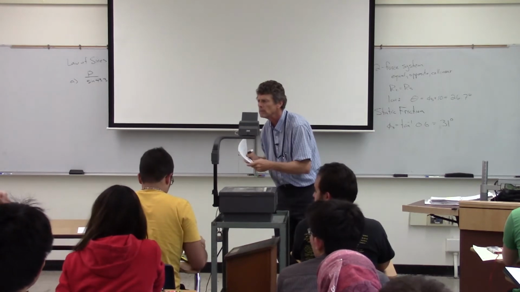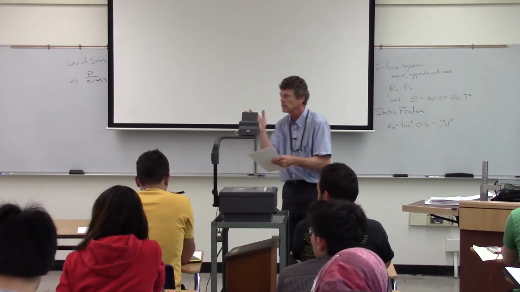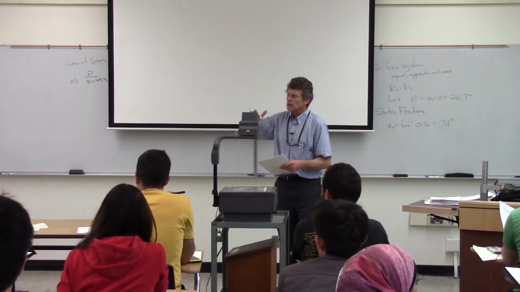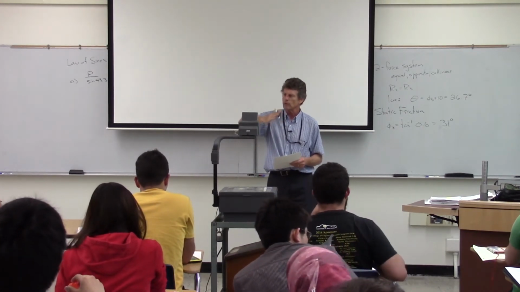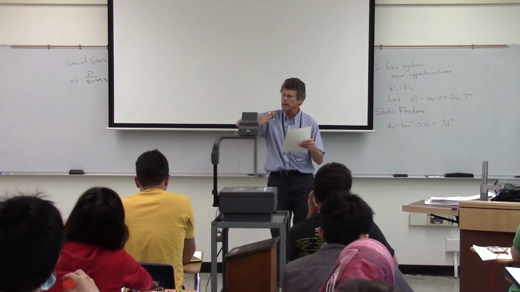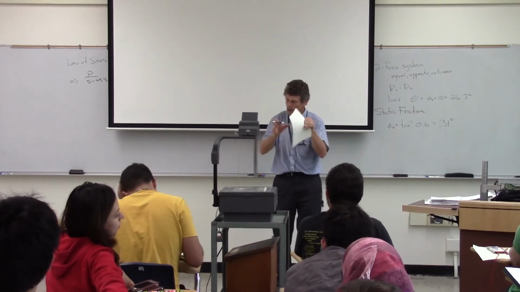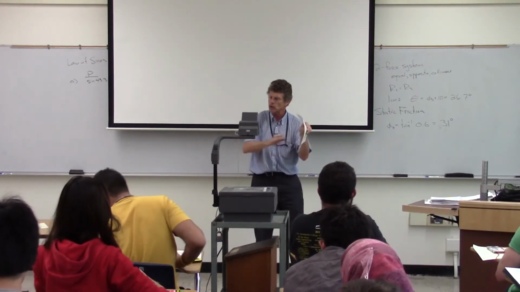What's the blue line? The blue line that I put on there says that's where that resultant force would be right at impending motion of the wedge against the concrete surface.